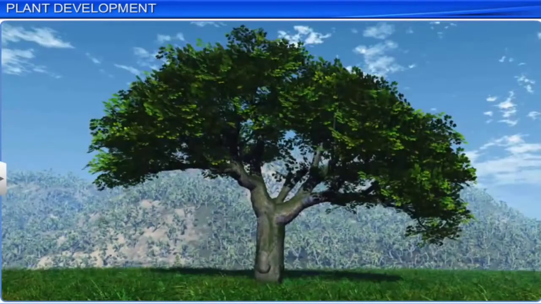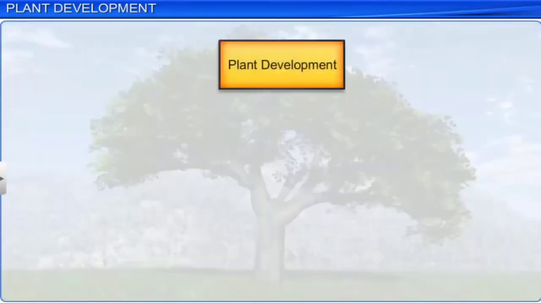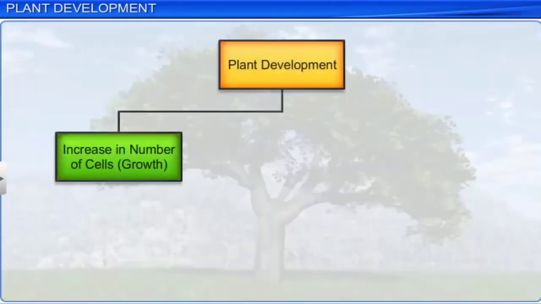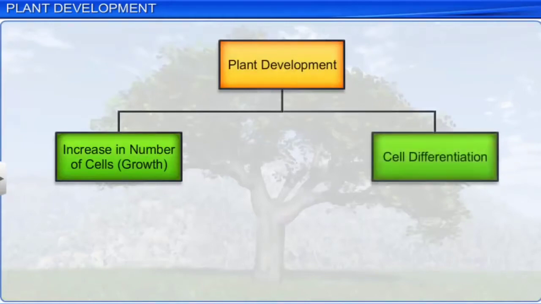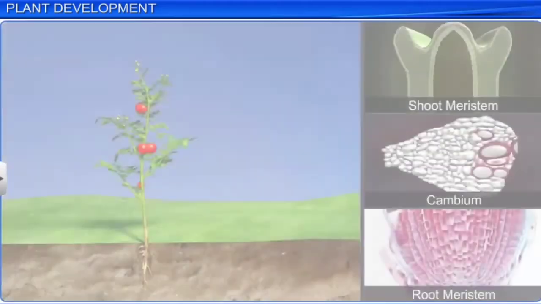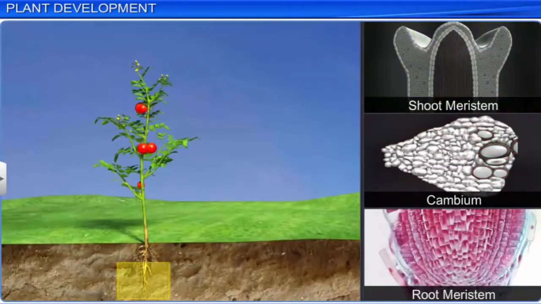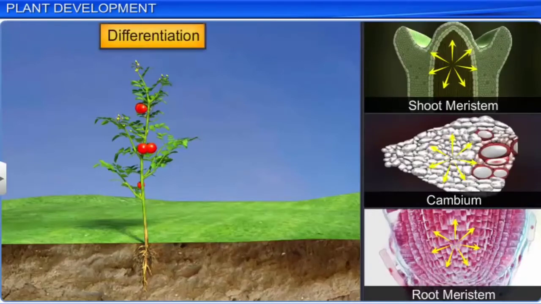In plants, development includes both an increase in the number of cells as well as cell differentiation. We know that root meristem, cambium, and shoot meristem add new cells. These new cells undergo structural changes for specific functions. This phenomenon is known as differentiation.